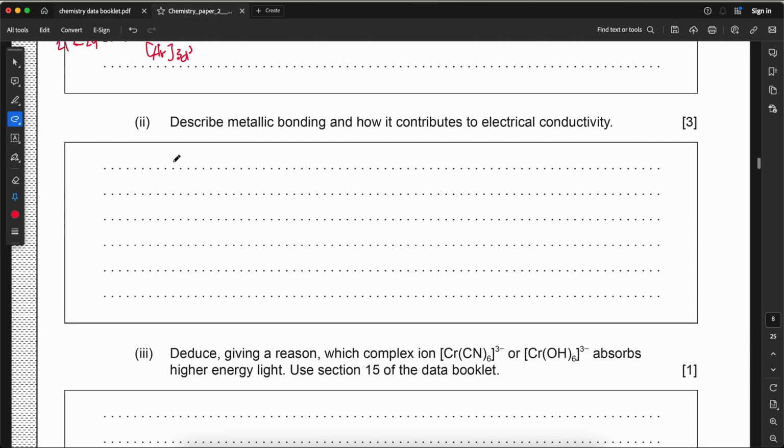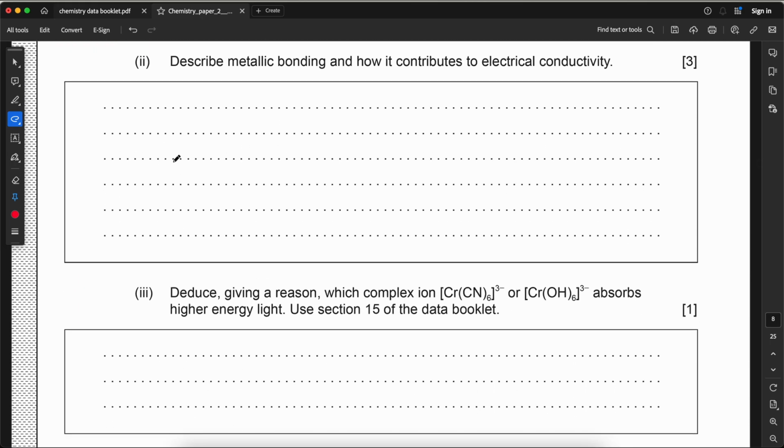Describe metallic bonding and how it contributes to electrical conductivity.